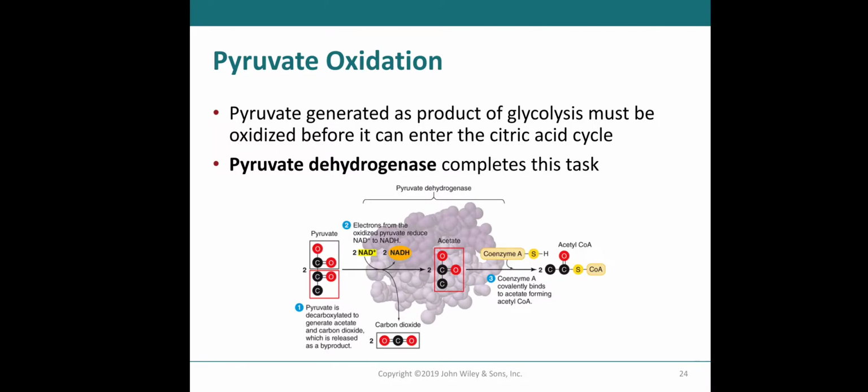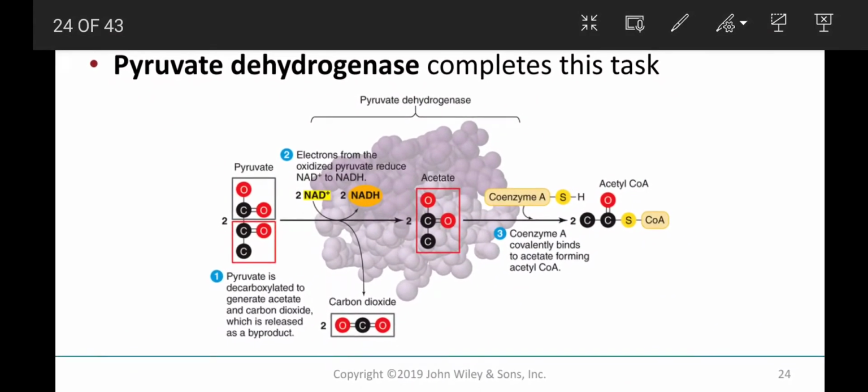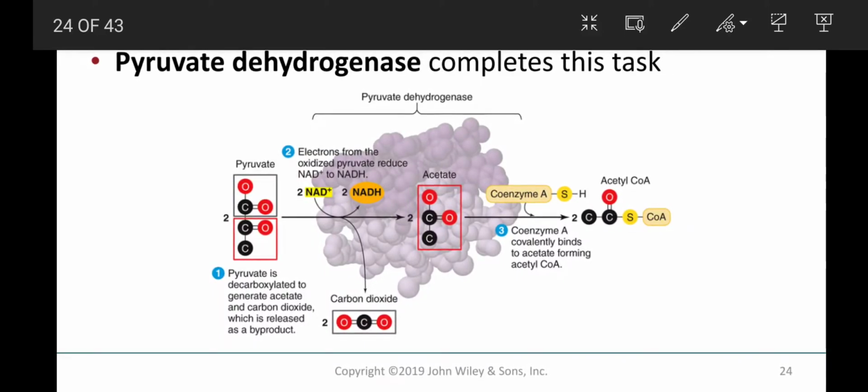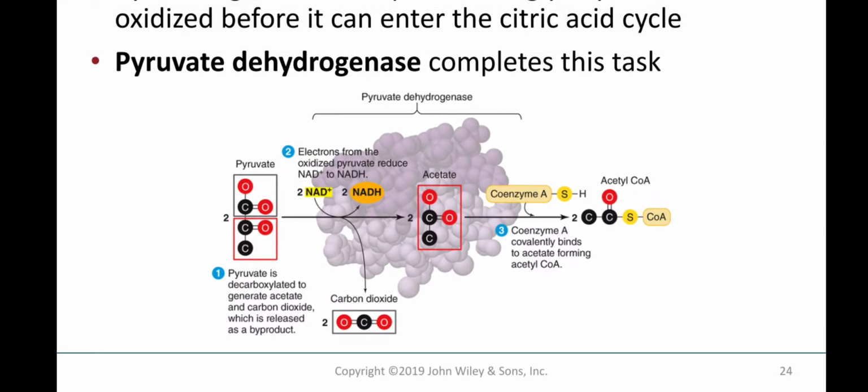This enzyme catalyzes the reaction where your pyruvate is processed or oxidized. Remember, pyruvate is 3 carbons, so 1 carbon is removed in the form of carbon dioxide. You have 2 carbon dioxide here because you have 2 pyruvate molecules.